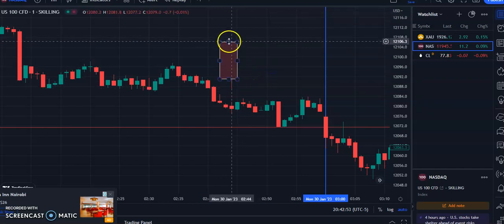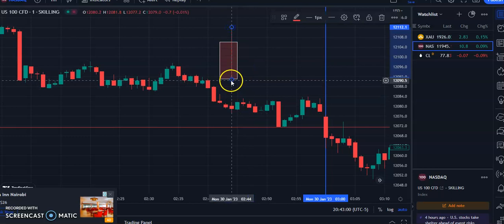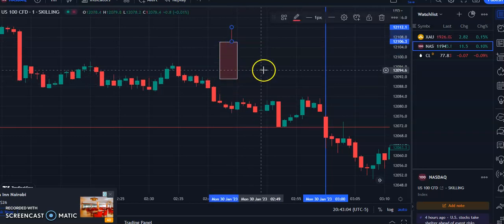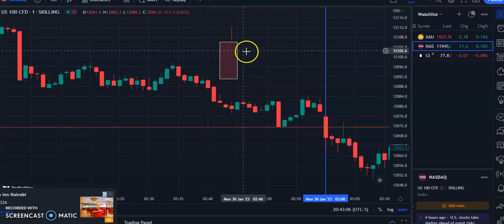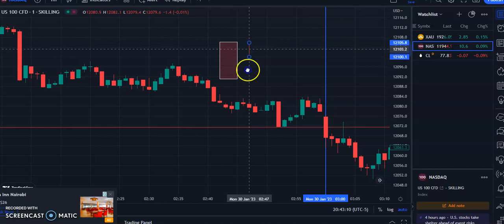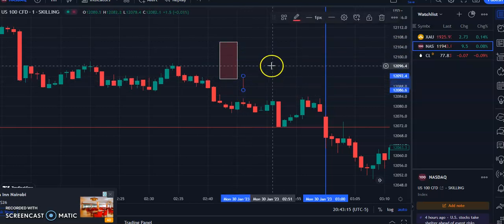The pin is above here, and there is nothing below here. This is a signal that they will not continue lower than that. In the next candle they will pin it, but they will reverse.